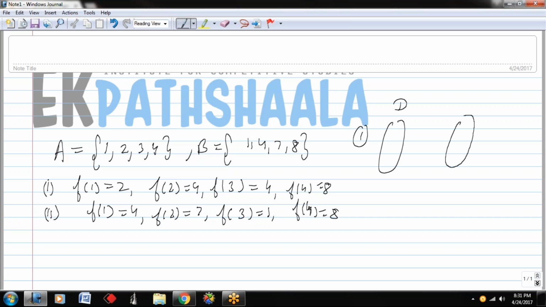This is domain ka set and this is range ka set. What is domain? 1, 2, 3, 4. What is range? 1, 4, 7, 8.